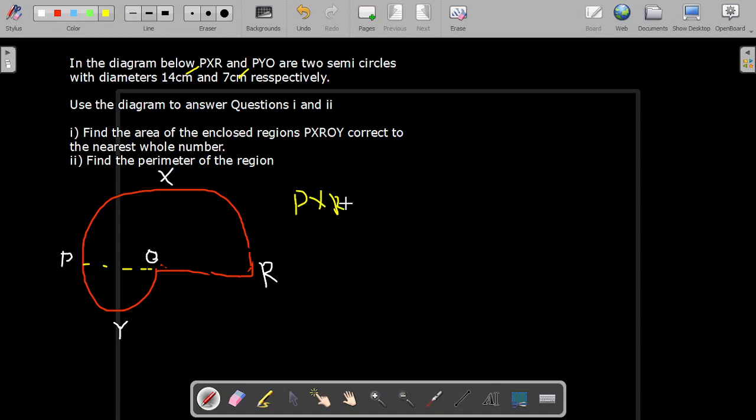That indicates that you have to find the area of the two semicircles. So the area of a semicircle A is equal to half of the area of a circle.